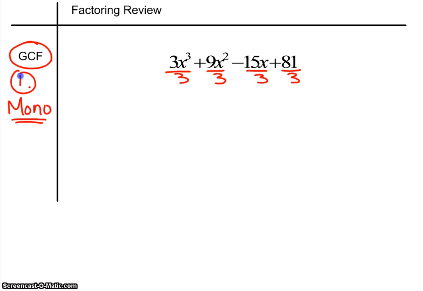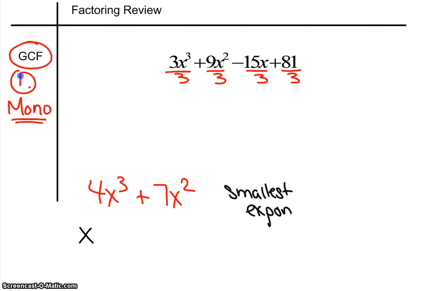If we do have common variables, such as if I had 4x to the third plus 7x squared, what we want to do is always take out the smallest exponent. So in this case, my smaller exponent is the second, so we're going to divide out an x squared.